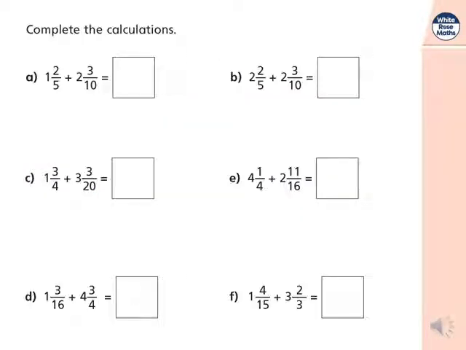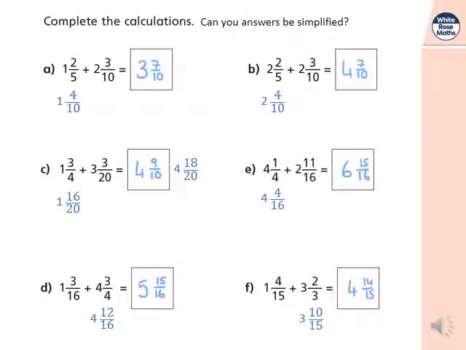So using that method of adding the whole numbers and then the fractions together, can you have a go at completing these 6 calculations? And again, have a think, can you simplify your fraction? So let's have a look and see how you did.